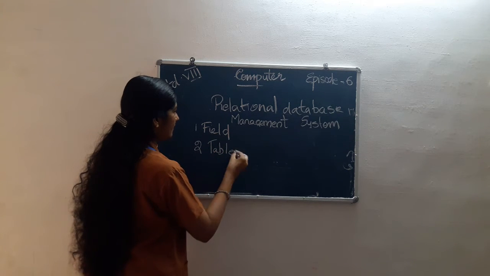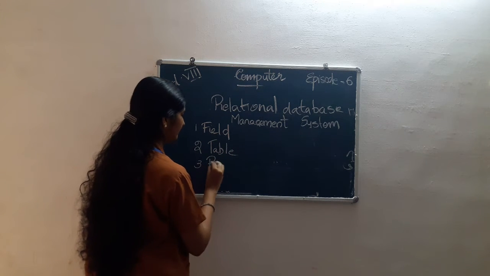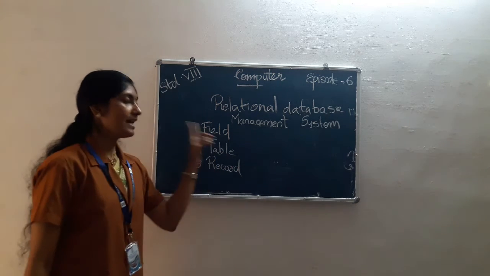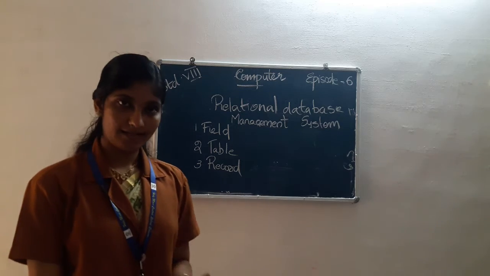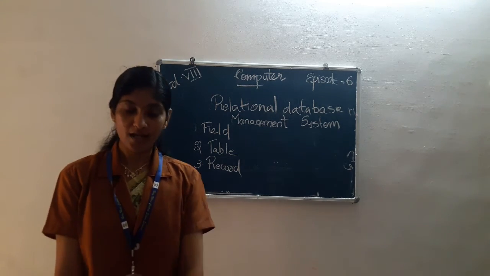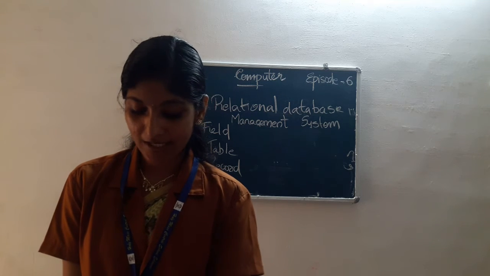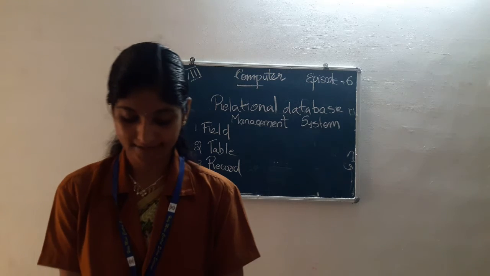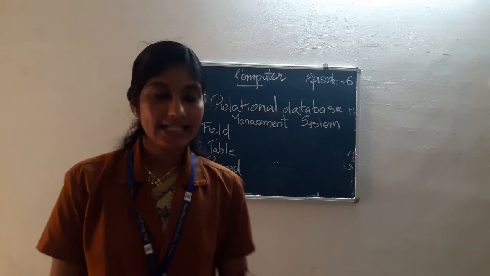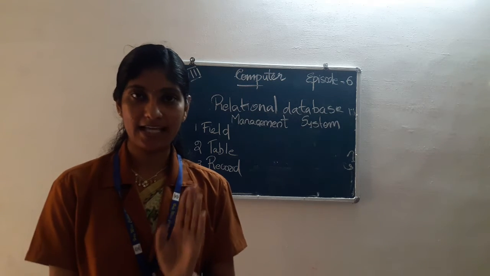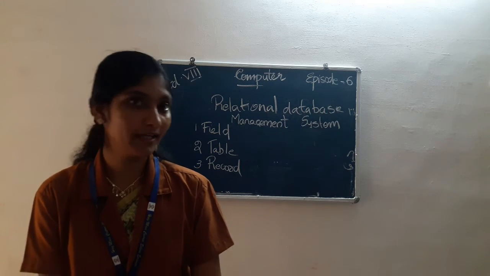And then record. So a relational database consists of 3 things: field, table and record. So in this table we can see the name, age and class. Okay, and tables are the building block of a database.